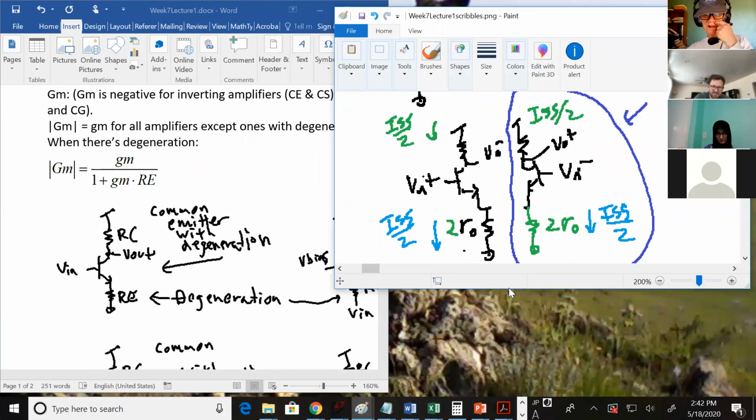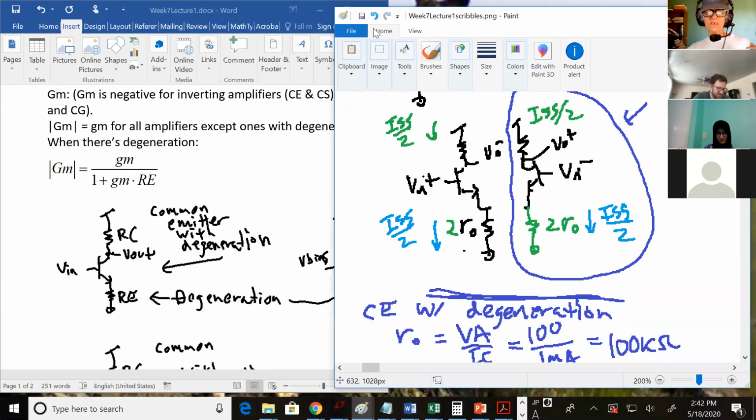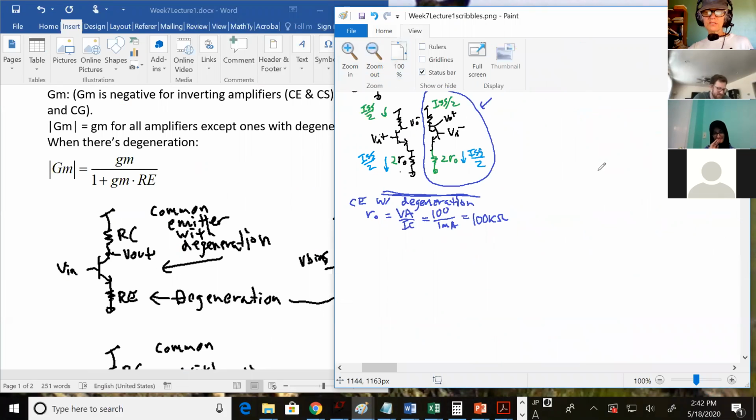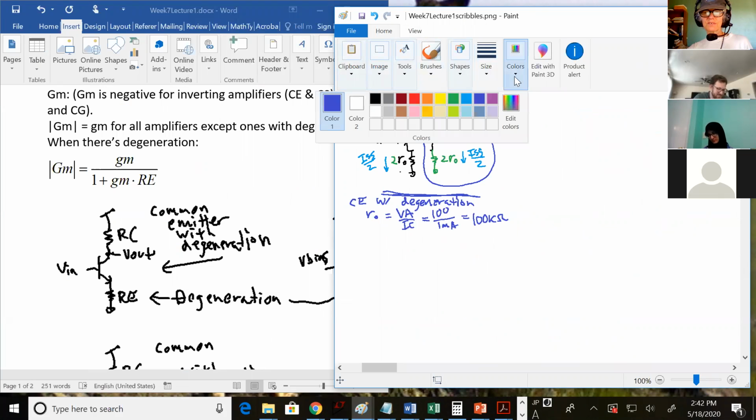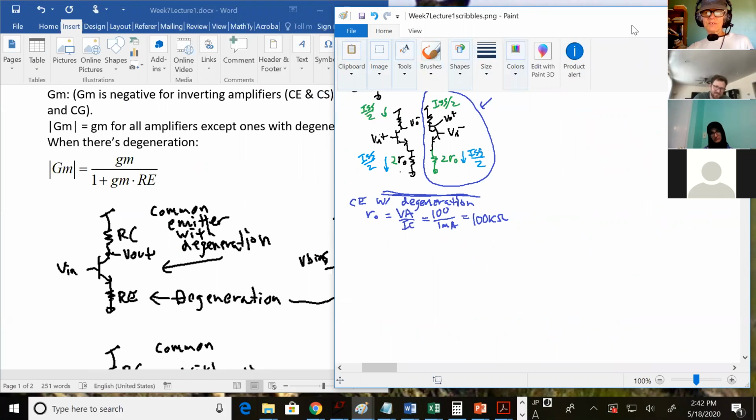So just using the quick method, remember that AV equals big GM times big R out. And for this circuit, what's R out approximately?